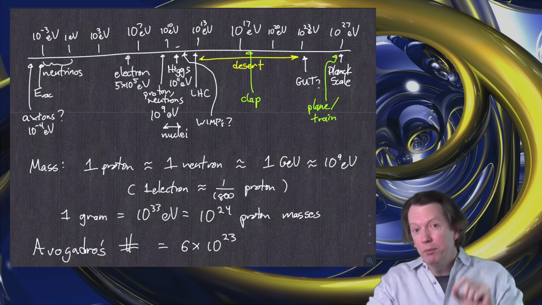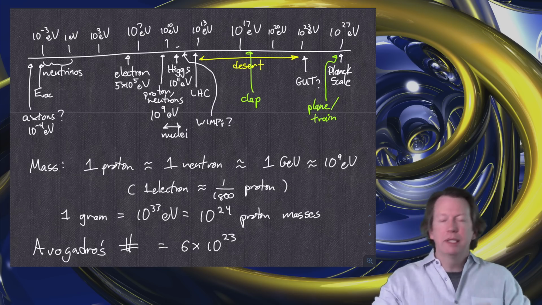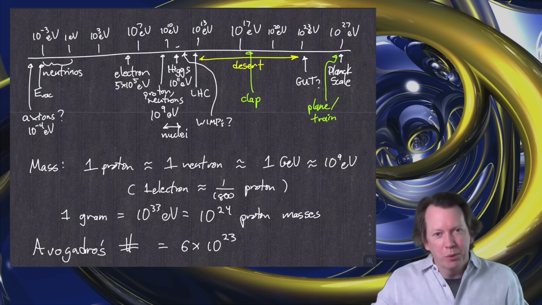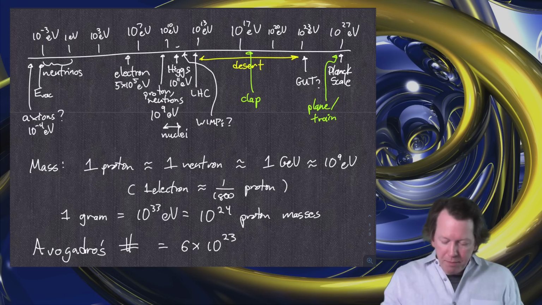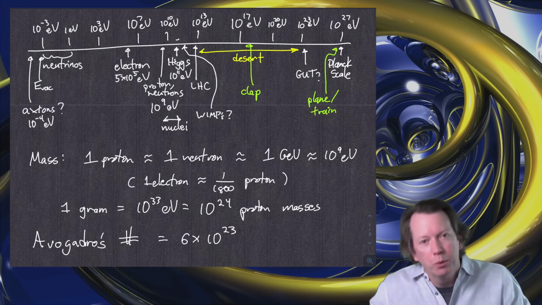Sometimes there's deuterium with a proton and a neutron, or even tritium with a proton and two neutrons. We physicists can ignore that and imagine the spherical cow where all hydrogen atoms are one proton and one electron. But Avogadro's number is, roughly speaking, the number of particles in a gram or a few grams worth of stuff.